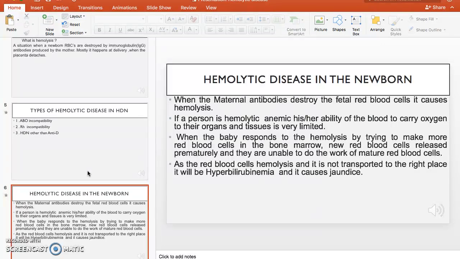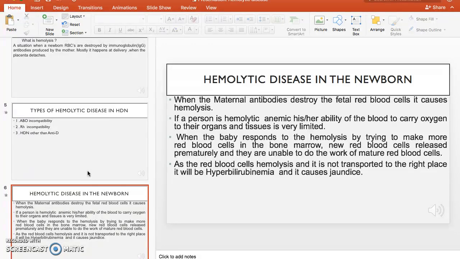When the body responds to that hemolysis by producing more and more red blood cells, they are released prematurely and are unable to do the job of the mature red blood cells. Since they are immature and continuously produced by the bone marrow, they are not strong enough to do the job of mature red blood cells.